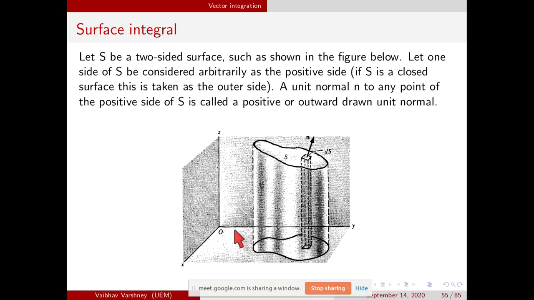Sir, according to your question, if xy is the plane and we have to take the normal, then we have to take the z axis. Exactly. Then it will be k cap, because it will be mutually perpendicular to that xy plane. So we are projecting it on the xy plane, and the vector which is perpendicular to the xy plane is k cap, meaning the z axis.